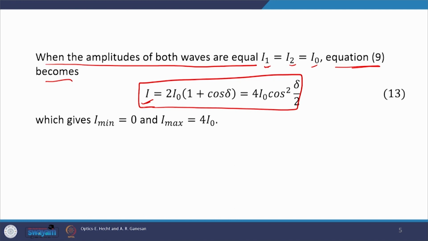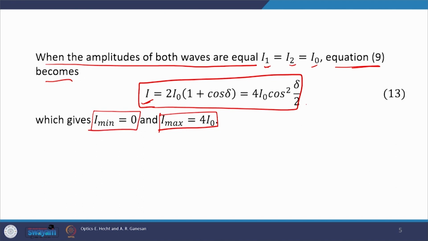The irradiance would be maximum when del by 2 is equal to 0 or del is equal to 0, and when del is equal to 0, the maximum irradiance is equal to 4 times I naught. Similarly, the minimum irradiance will be equal to 0 and other values which we already discussed.